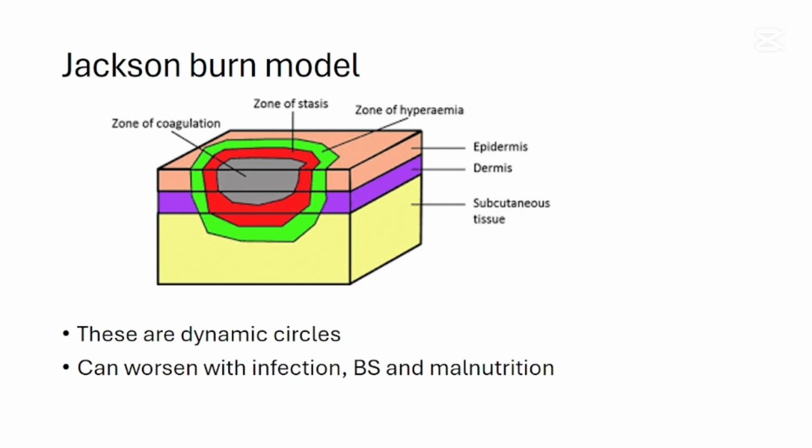And the zone of hyperemia is the normal tissue with dilated blood vessels supplying blood to the healing process. These circles are dynamic. If there is no infection, blood supply is good, and nutrition is good, then these shrink. They don't stay stagnant. And if there is infection, this might spread the other way.